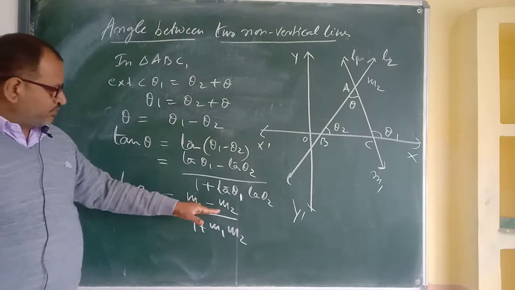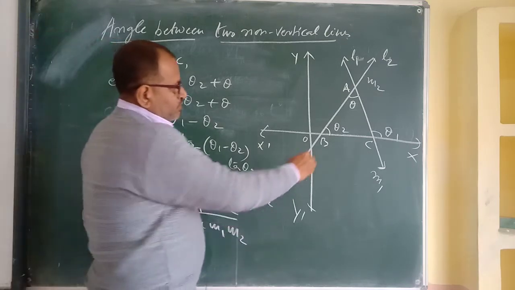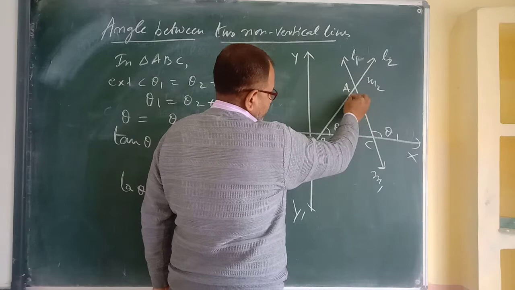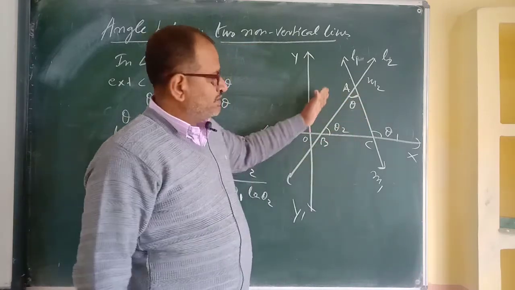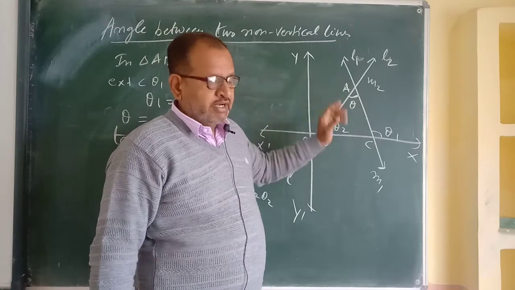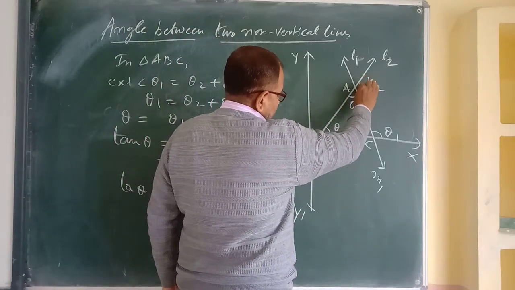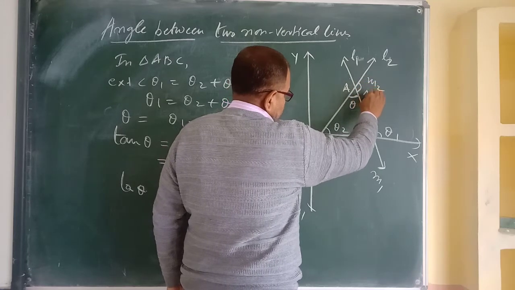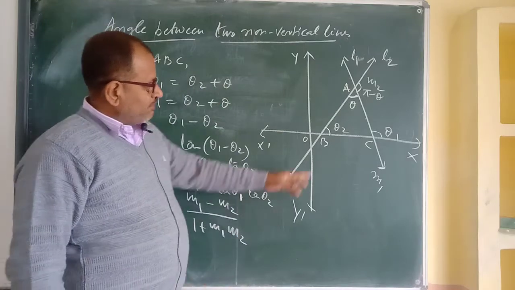m1 minus m2 upon 1 plus m1 m2. When two lines intersect, and they are not perpendicular lines, then one angle will be acute, the other angle will be obtuse. So this other angle is pi minus theta. So what will be tan of the other angle?